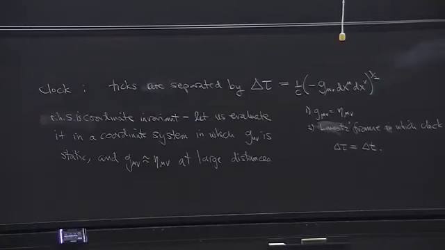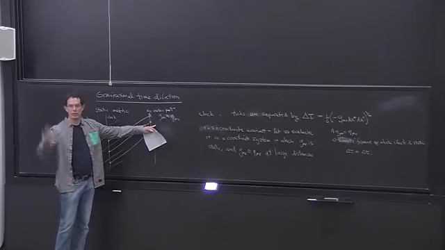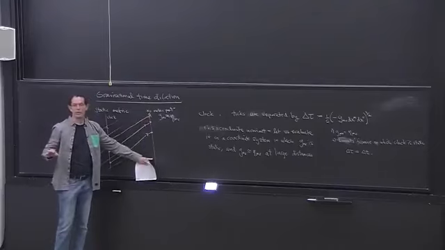Okay, so there's some local gravitational field, for example, due to a star. But over here, there's no gravitational field. We're a long way away from the star. So that defines a coordinate system.